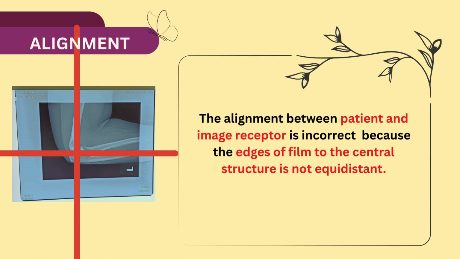Next, the alignment between the patient and IR is evaluated by comparing the distance between the edge of the film to the central structure. In this radiograph, the alignment between the patient and IR is incorrect because the edge of the film to the central structure is not equidistant.